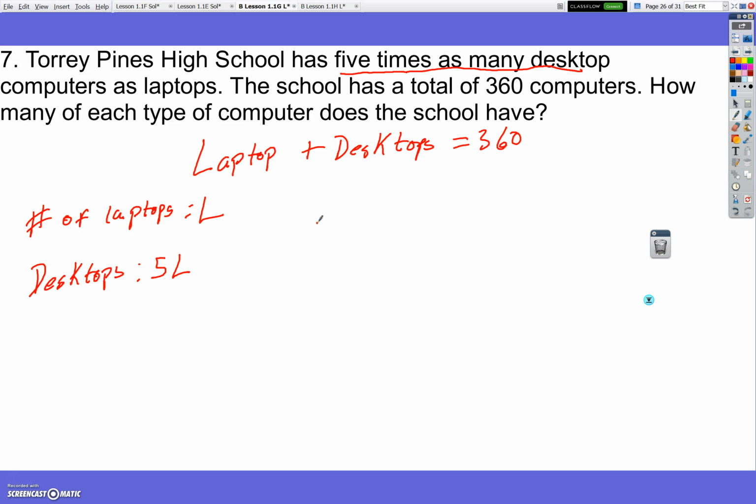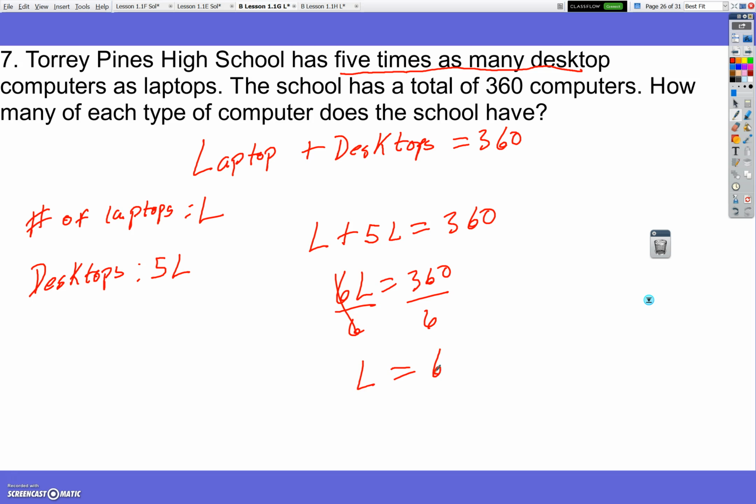So it knows when I take my laptops and my desktops, it's going to add up to 360. So that's what you want right there. So then when I combine these, I'm going to have 6L is equal to 360. When I divide both sides by 6, I'm going to get L is equal to 60.